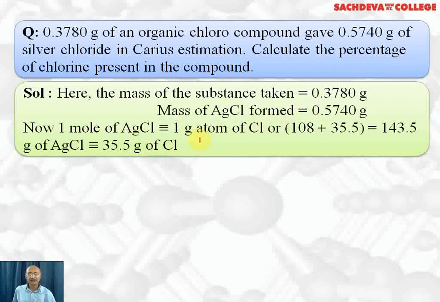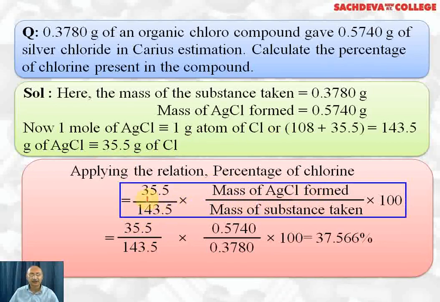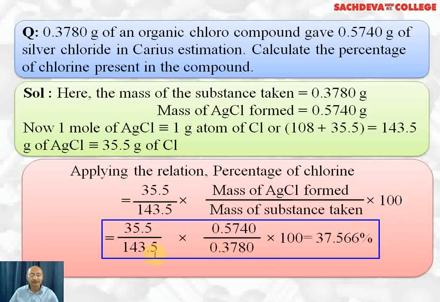1 mole of AgCl contains 1 mole of chlorine or 1 gram atom of chlorine, that is 143.5 gram of AgCl contains 35.5 gram of Cl. Now percentage of chlorine is equal to 35.5, which is atomic weight of chlorine, divided by 143.5, its molecular mass of AgCl, into mass of AgCl formed divided by mass of organic compound taken into 100. 35.5 divided by 143.5 into mass of silver chloride formed, 0.5740.